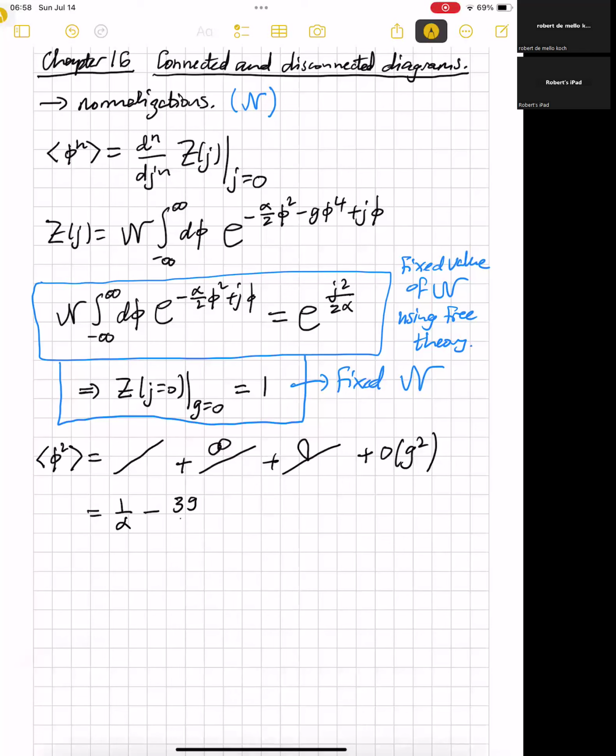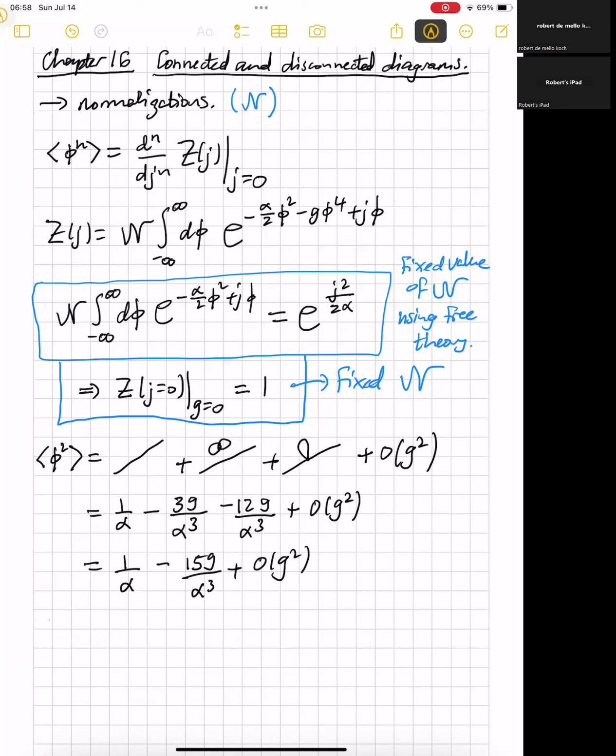The second term was minus 3g over alpha cubed. And the third term was minus 12g over alpha cubed. And there were terms of order g squared. I'm only going to work to first order in perturbation theory, and I'm just quoting things that you have calculated, so they should be in your notes. So this is 1 over alpha minus 15g over alpha cubed plus order g squared. Good.